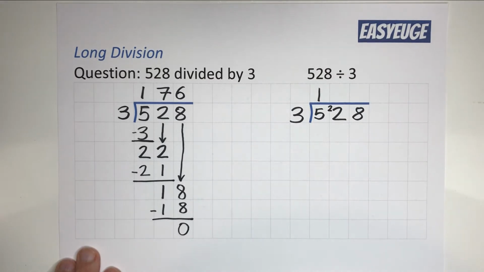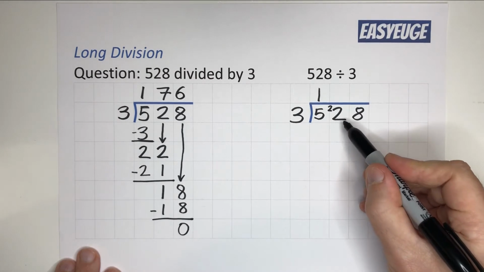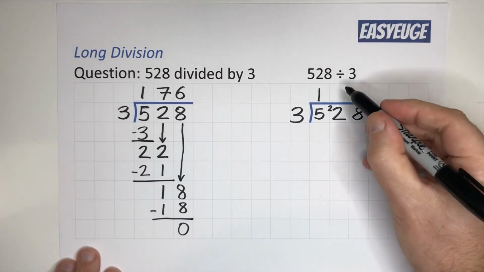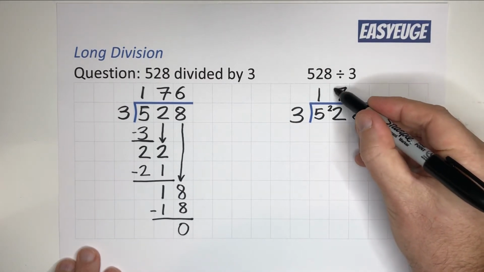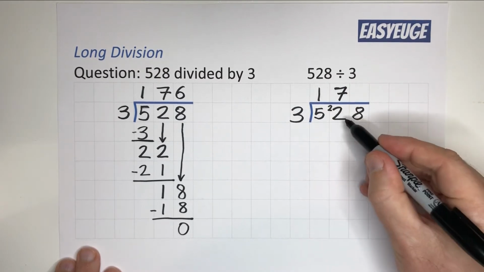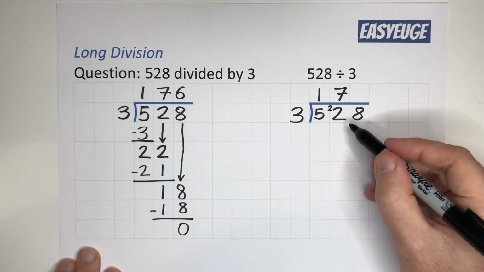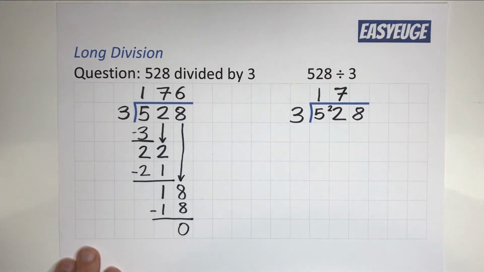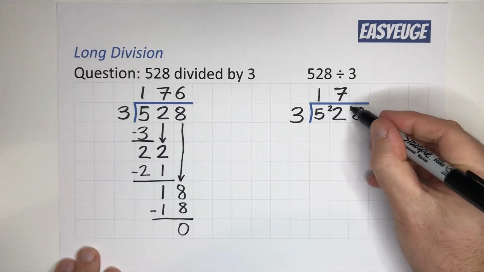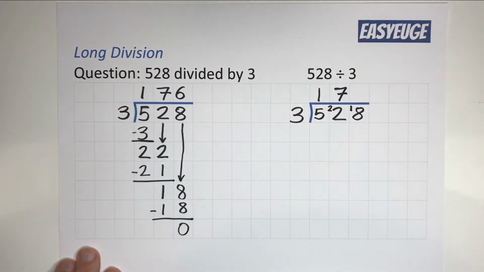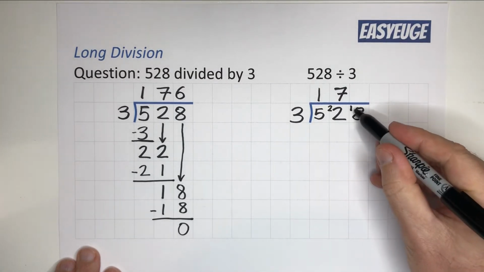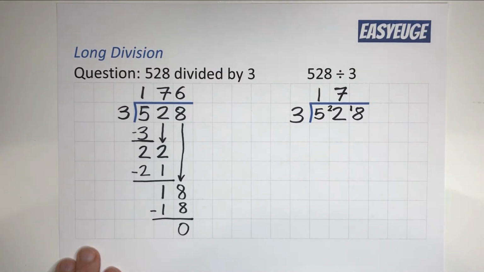Well, we know that 7 3s are 21, and that brings us nice and close to 22. So we write 7 up here. 7 3s are 21, and that's 1 away from 22, so there's a remainder of 1, and we put the remainder in the next box. So we carry the 1 over into the next box, and that becomes an 18.